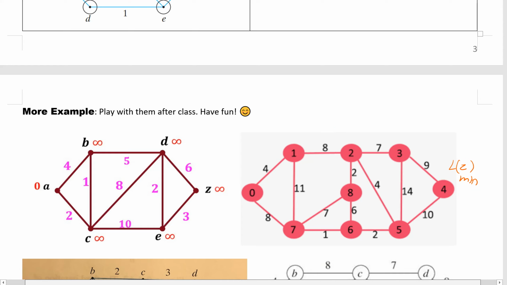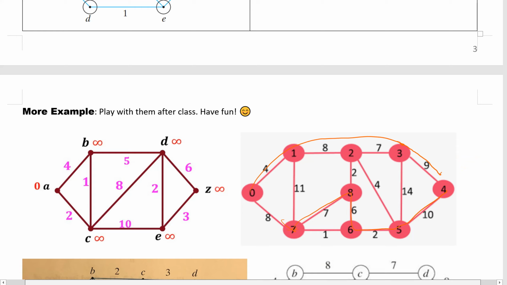What I mean is it's possible maybe you go this way at some point, and then you realize this other label is the minimum at that stage, so you go back and eventually get to this point. It is possible.